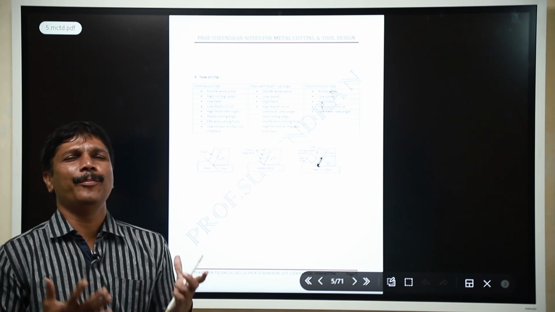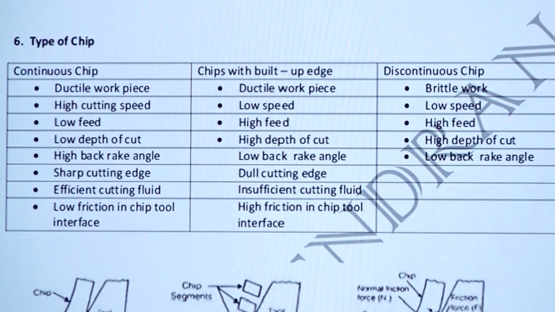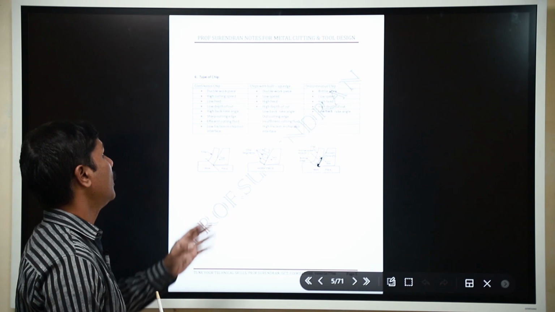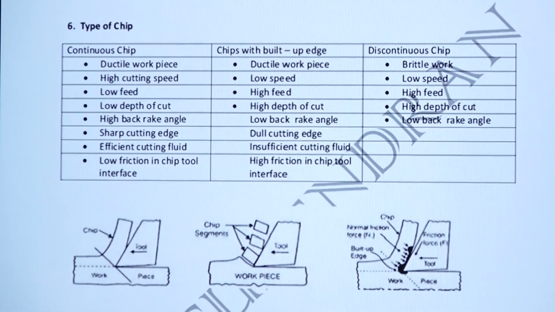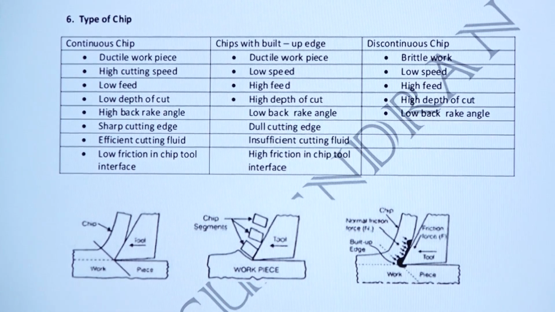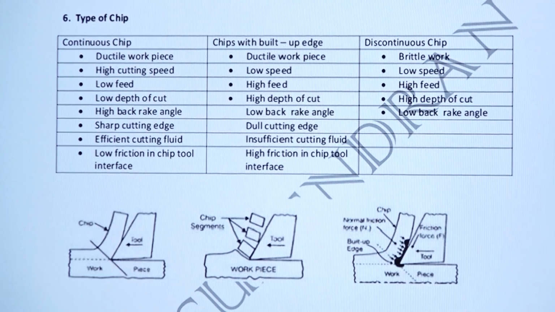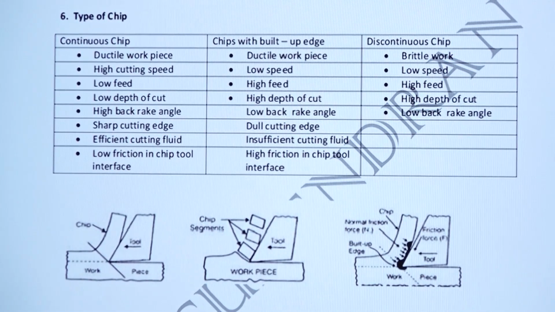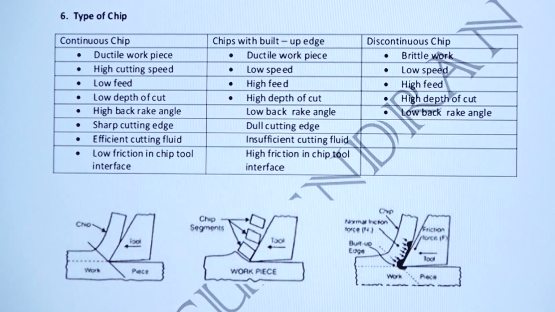This is a beautiful classification of the types of chips and the conditions under which different types of chips are formed. Here we have continuous chips, then continuous chips with built-up edge, and third, discontinuous chips. Continuous chips are produced in ductile workpieces. Continuous chips with built-up edge are also produced in ductile material, but discontinuous chips are produced in brittle material.